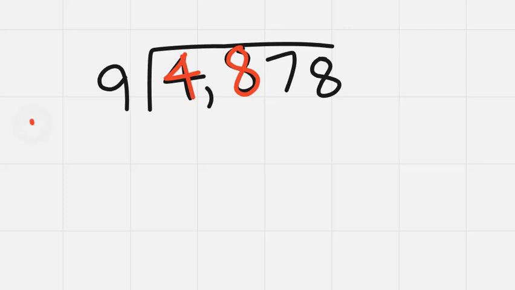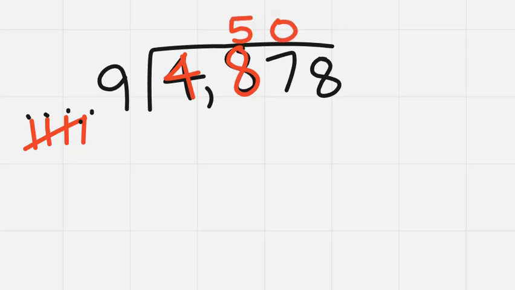Let's count. 9, 18, 27, 36, 45, 54. That's too high, so we're going to stop at 45, and then we'll count. 1, 2, 3, 4, 5. There's 5 9s that can go into 48 without going over.